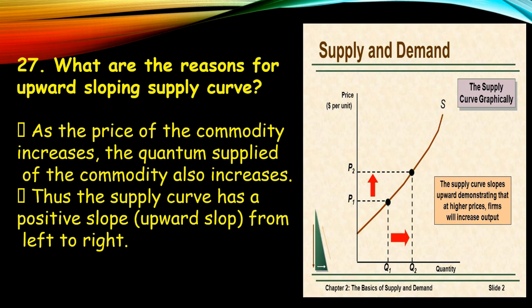So the supply curve will look like an upward sloping curve. Since it slopes upward, it is also called a positive slope, because when price increases quantity increases, so it is a positive relationship between price and quantity.